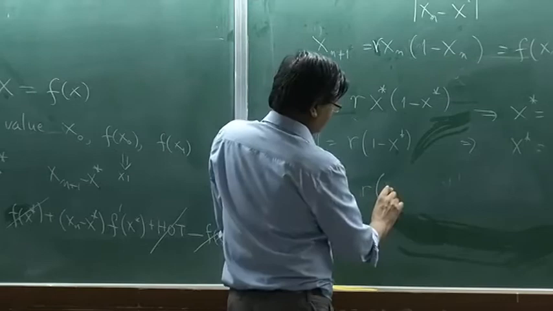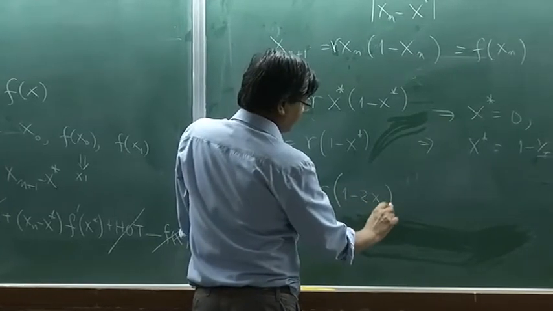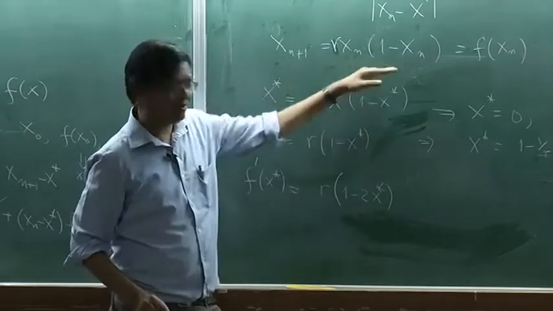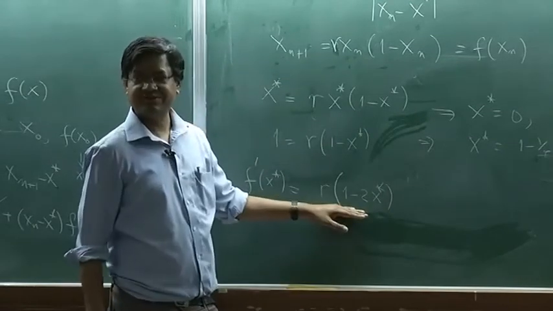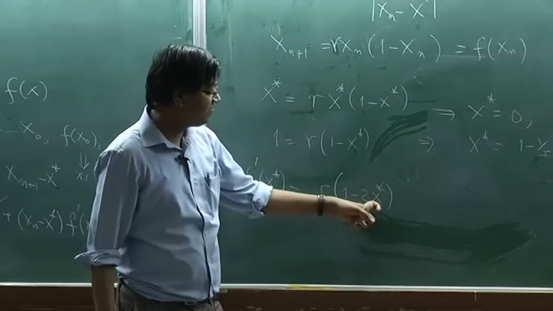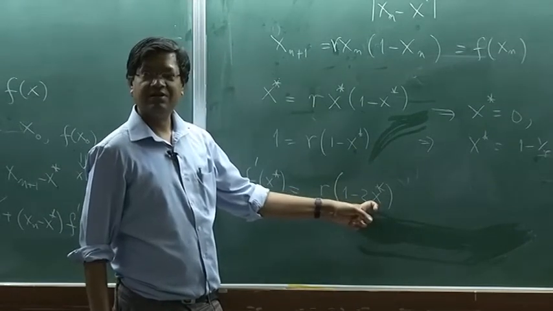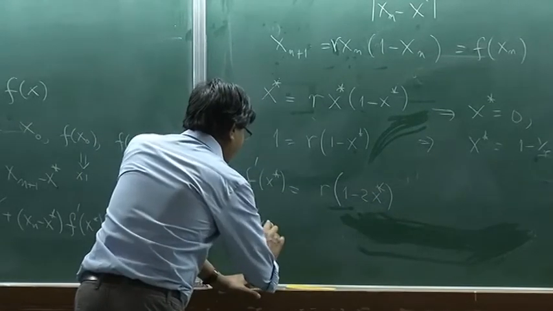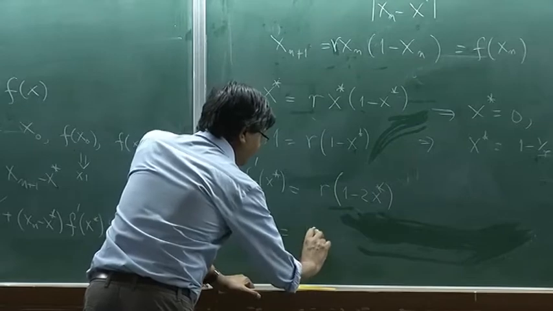The derivative is r times (1 minus 2x). Is that clear? So this is the derivative of f of x. Now plug in the value x star equal to 0. So f prime at 0 is r.